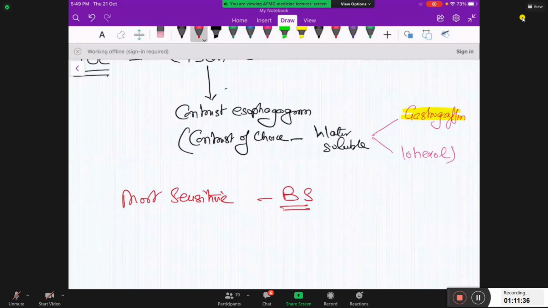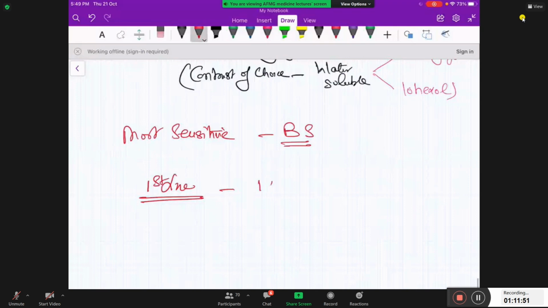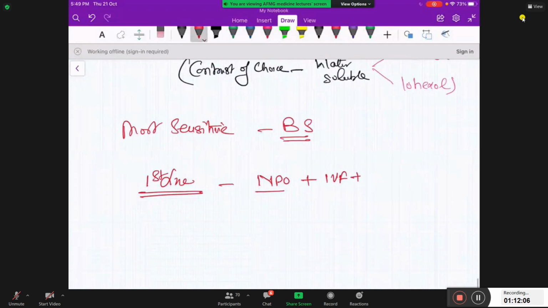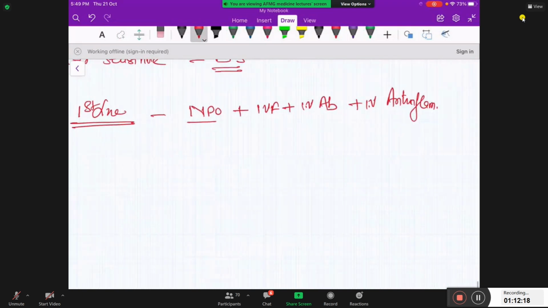So in any acute infective GI condition, as a rule, remember, the first line of management, what do we do first? The first line of management will be keeping the patient nil per orally. We'll stop anything from the oral route, keeping the patient nil per orally, starting IV fluids with IV broad spectrum antibiotic with IV anti-inflammatory drugs.